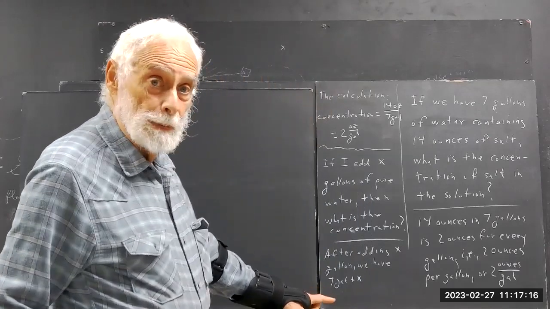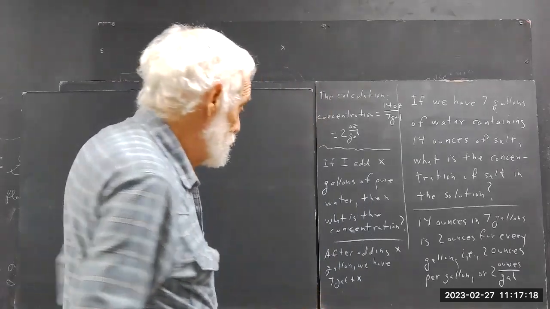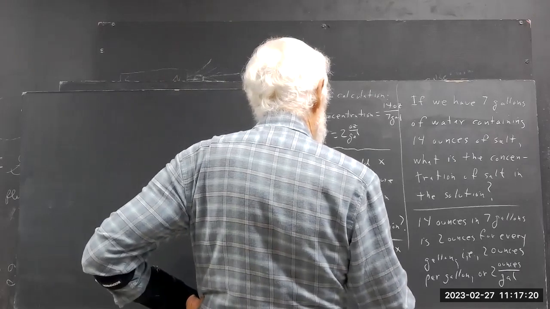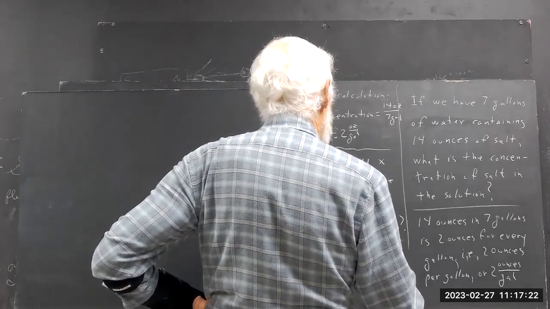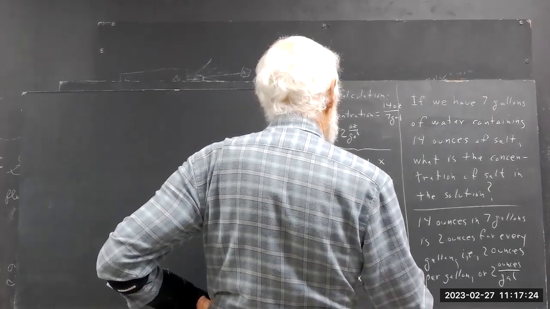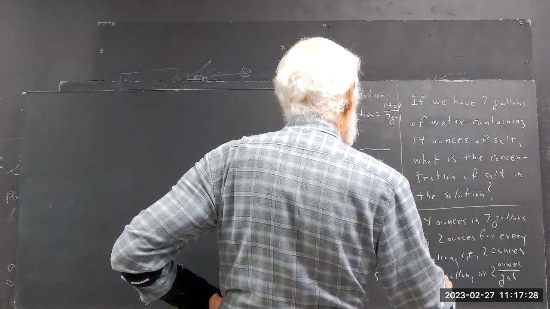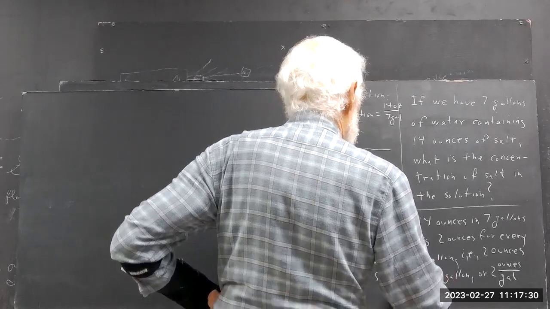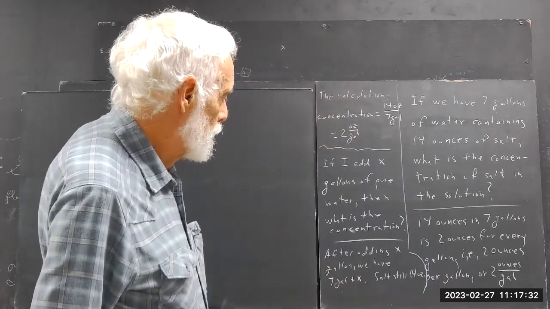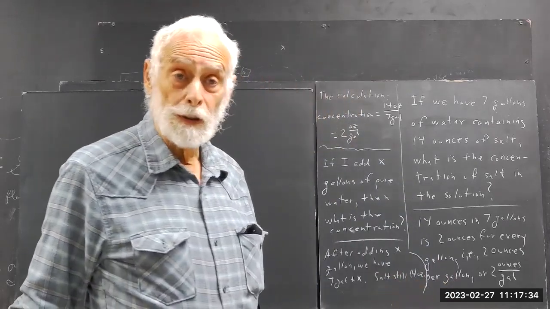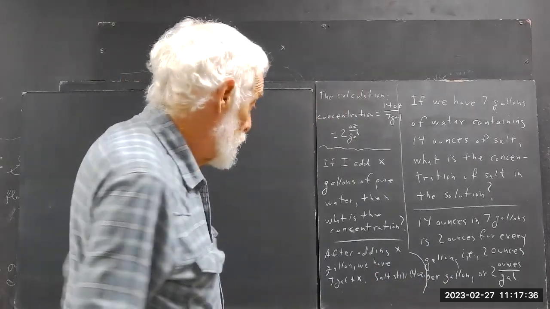We have 7 gallons plus X. Say the salt, we still have 14 ounces, right? So concentration.